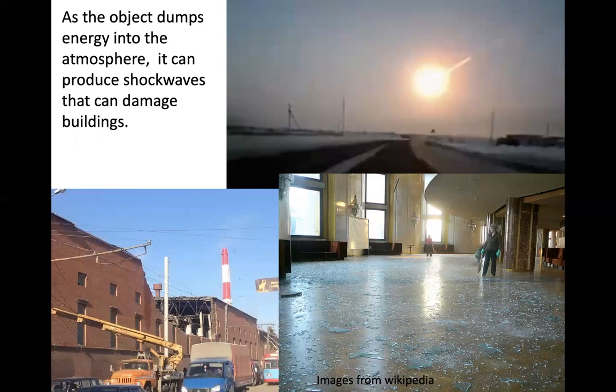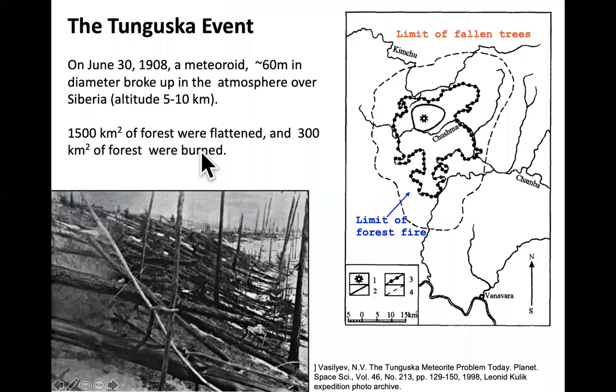As you make your object bigger, this becomes more and more important. The most famous example of this is an event that happened in 1908 in Russia called the Tunguska event, which is thought to have been produced by a similar process, just involving a somewhat larger object.